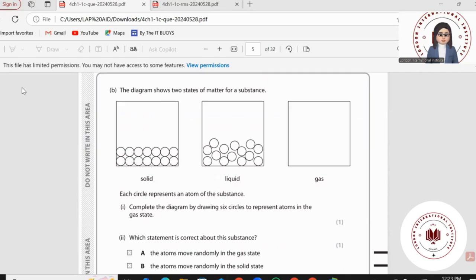Let's draw 6 circles. I'll put the first one here, second one here. Let's put the third one over here. Fourth one. Fifth one. Yeah, I think we're done.